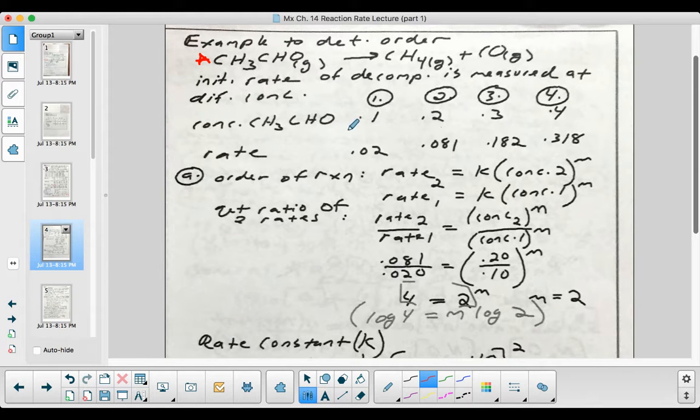So what I see is that if I have 0.1 molar, we're going to assume it's molarity, and if I have it at 0.2, 0.3, and 0.4, the rate at 0.1 is low, a little bit higher, a little bit higher, a little bit higher.